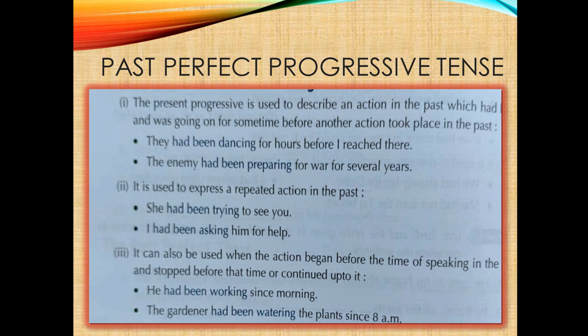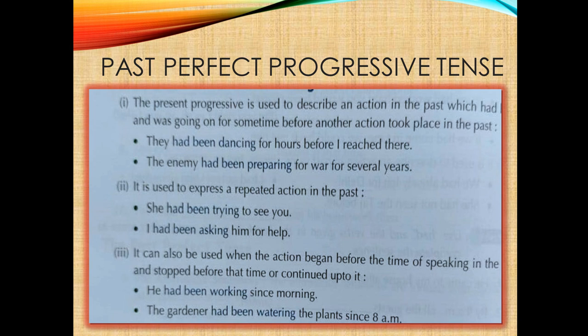It can also be used when the action began before the time of speaking in the past and stopped before that time or continued up to it. He had been working since morning. The gardener had been watering the plants since 8 a.m. Okay, so action has begun before the time of speaking.